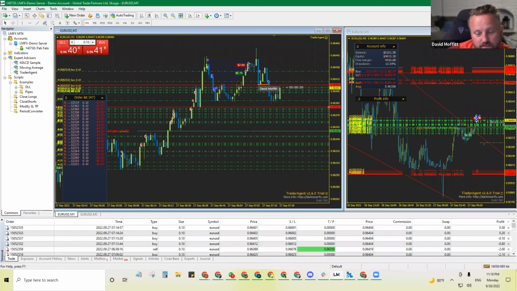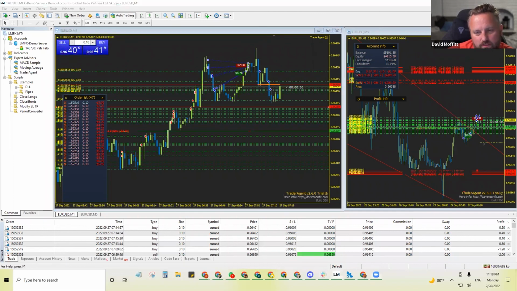If it breaks through here, then we'll set everything up. But if it doesn't, it could come and break this, basically pulling back to break through. We got 10, 15 seconds left on the candle. And it didn't break.